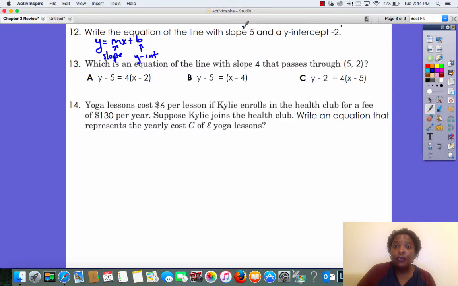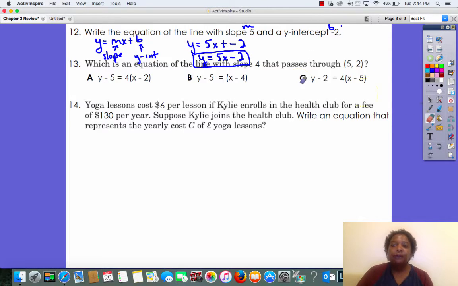So they gave you the slope and they gave you the y-intercept, so all you have to do is plug in. So rewriting the same equation, y is equal to m, my m is 5, x plus b is negative 2. Well, this is kind of ugly here with the plus minus. So I'm going to rewrite this. Y is equal to 5x minus 2. Nice and easy.